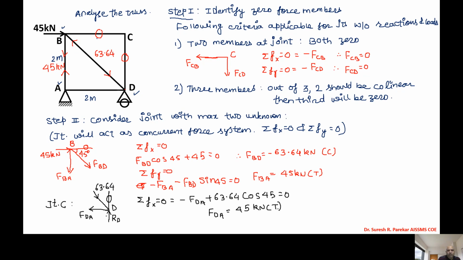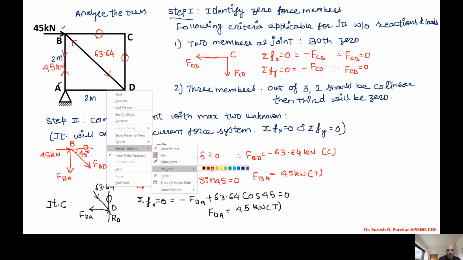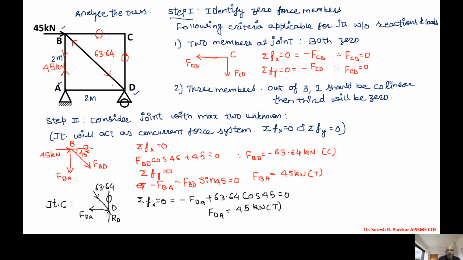We show this value, 45 kilonewtons tensile, in the diagram, and this gives us all the values.